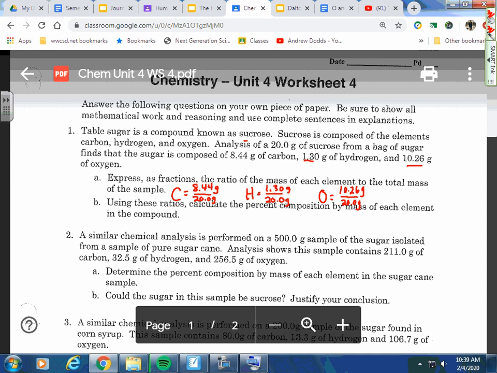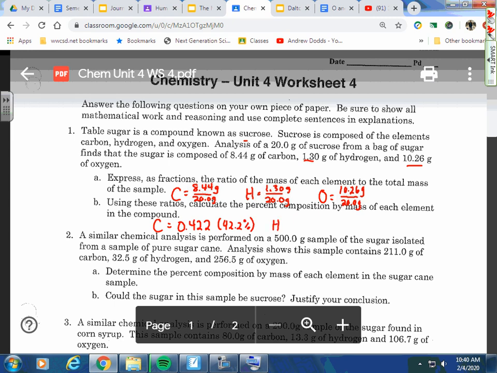I'll take my calculator out and punch that in: 8.44 divided by 20. That comes out to be 0.422. Now that's not the percentage, that's the decimal. In order to make it a percentage, I have to multiply by 100%, or just move the decimal 2 to the right. So the percentage that is carbon is 42.2%.